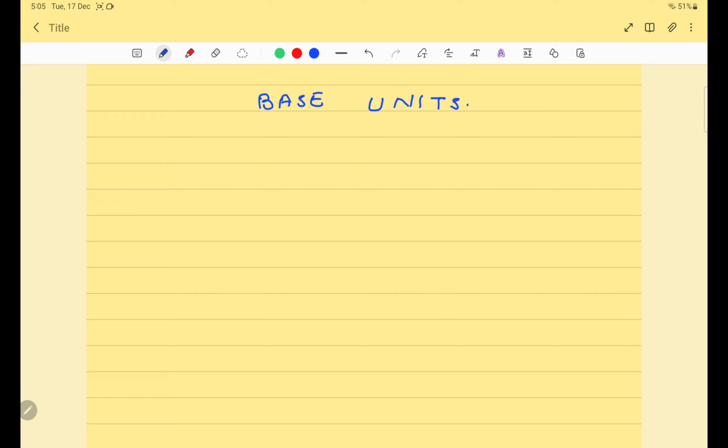What is base units? Before starting base units, you should know what is a physical quantity in the study of physics. Sir, physical quantity is the quantity which we can measure. It is called physical quantity.